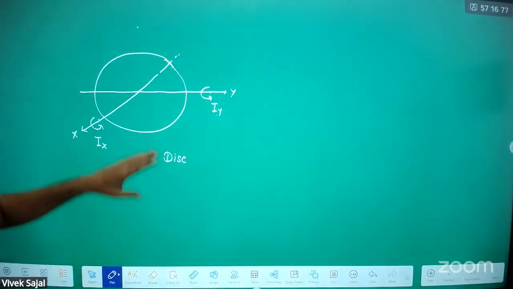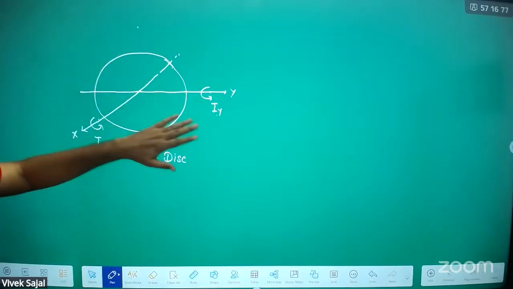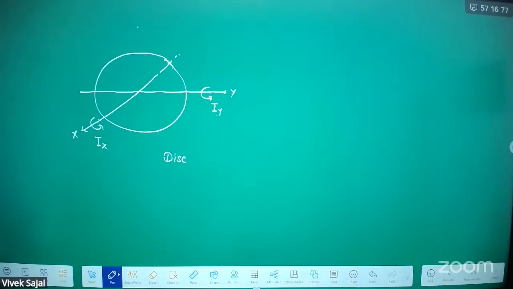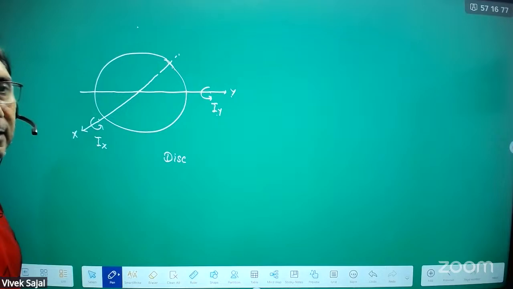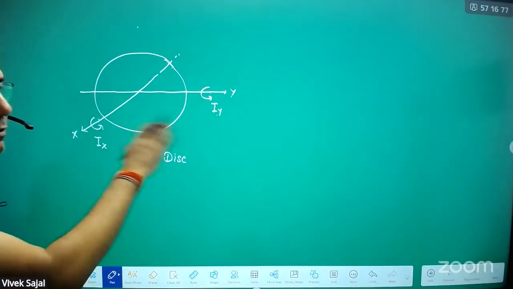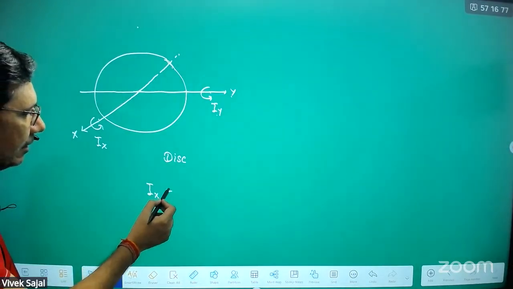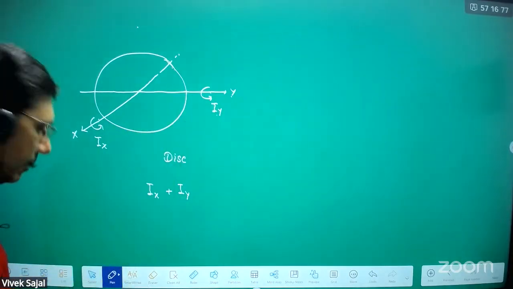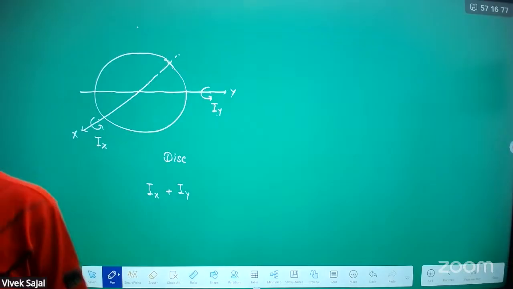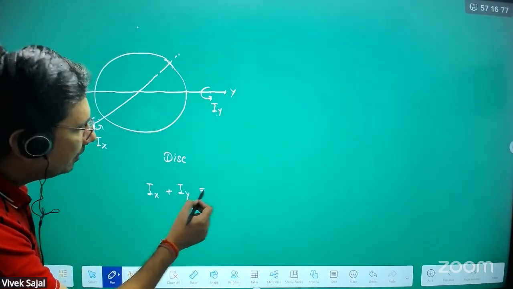So suppose you are choosing two axes lying in the plane of this laminar, two-dimensional body: Ix and Iy, the x-axis and y-axis, two perpendicular axes lying in the plane of the body. Then the sum of the moments of inertia about these two perpendicular axes lying in the same plane, Ix plus Iy, will be equal to what?